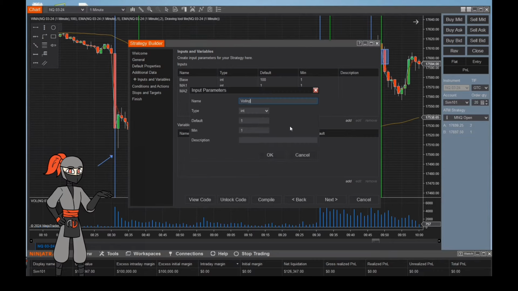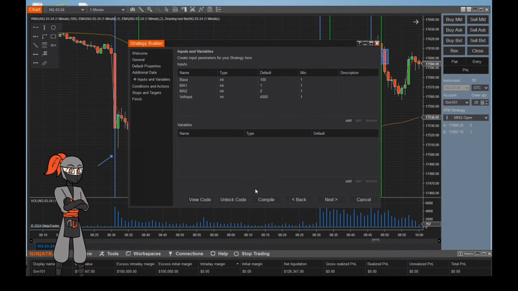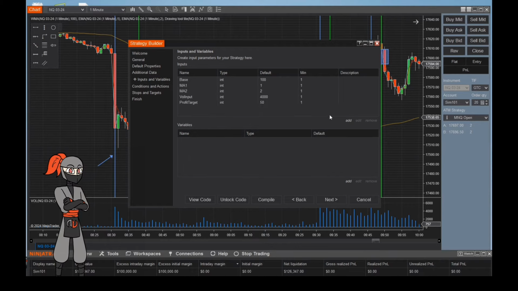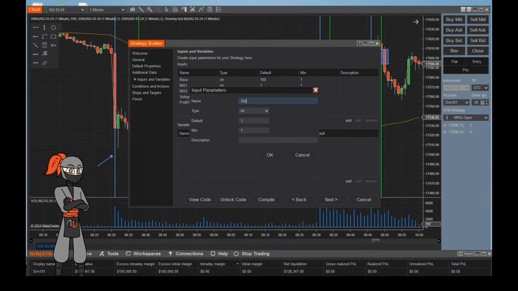And finally, our indicator that we're going to be looking for a trade, our volume input, which based off this chart, 4,000 looks like a good marker. And of course, just for the sake of having it ready, we'll put our profit target set to 50 ticks.